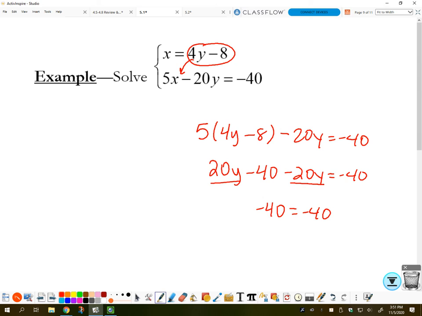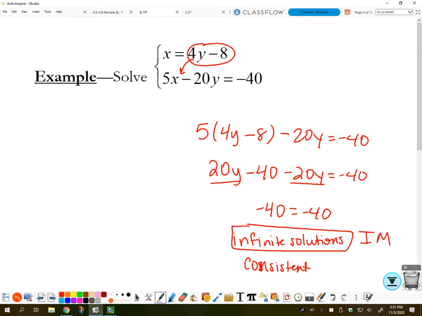That is a true statement, which means we have infinite solutions, or infinitely many solutions. So you can write it like this, IM. And it is consistent. So again, these are new vocab words, but you're not going to have to give me that part on a test. I just need you to give me this part or write it as infinitely many, IM.